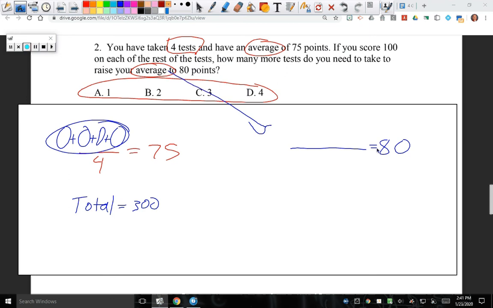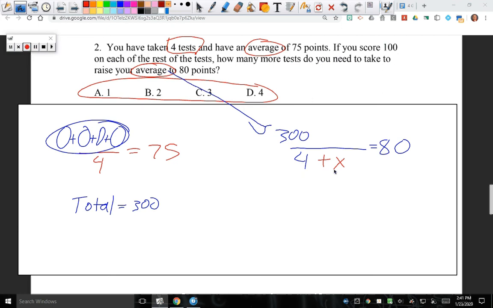We know we have 4 of them already taken care of. And we know from the simple calculation that we just did that they're equivalent to 300 points. Okay? How many more? We don't know. If x was 1, that means we just need to take 1 test. If x was 5, that means we took 5 more tests for a total of 9 to get this average of 80. You with me?